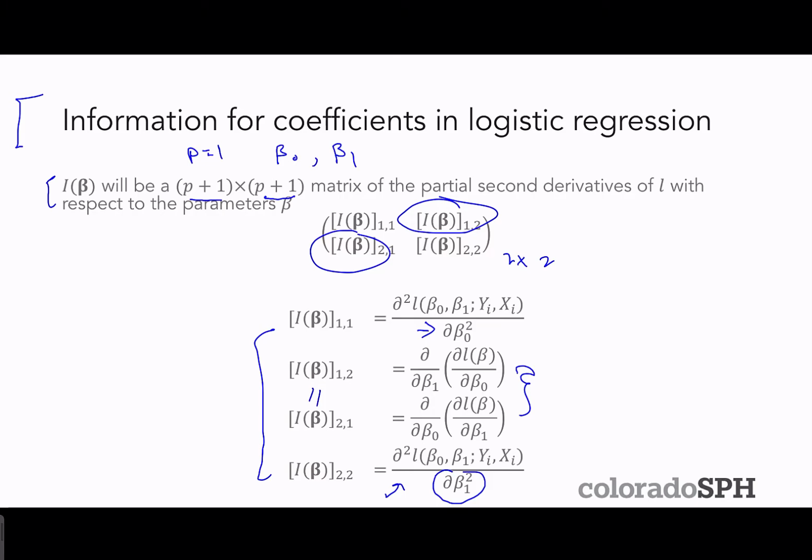Again, I'm not going to go through the calculations of actually taking each of these derivatives, but in principle, you use this information matrix for the beta coefficients the same way that you would for any other maximum likelihood estimator.